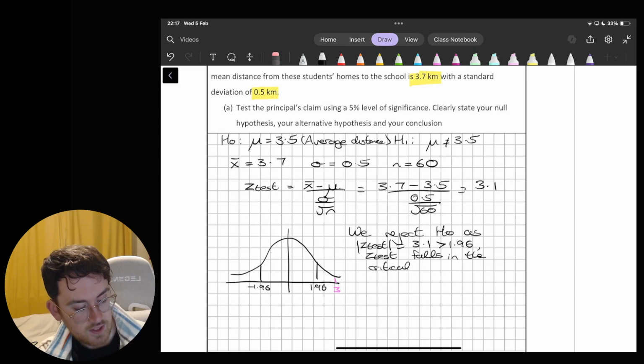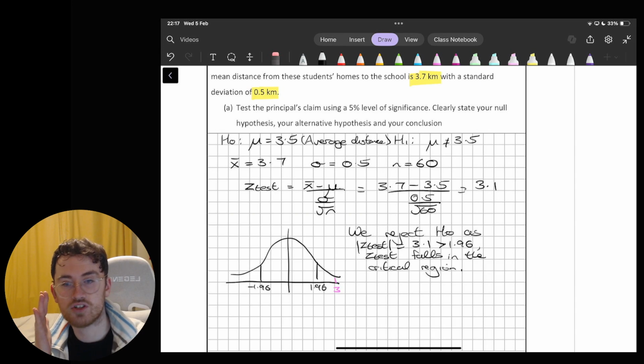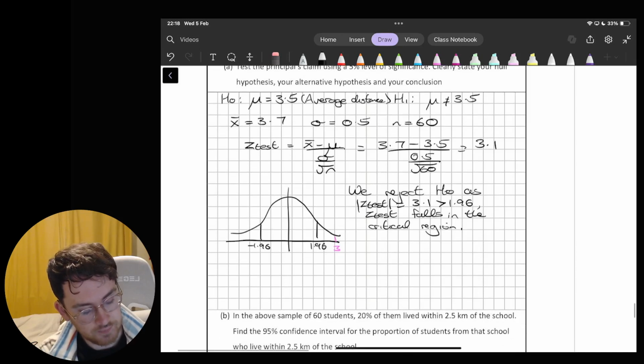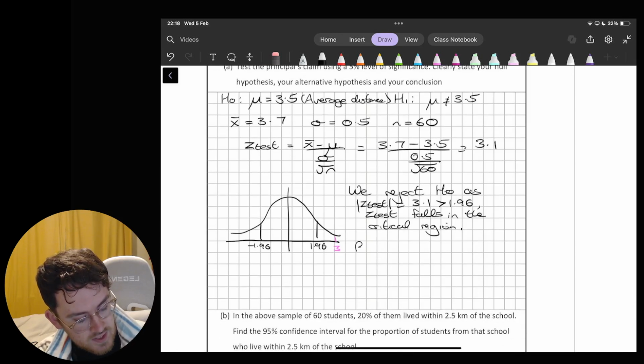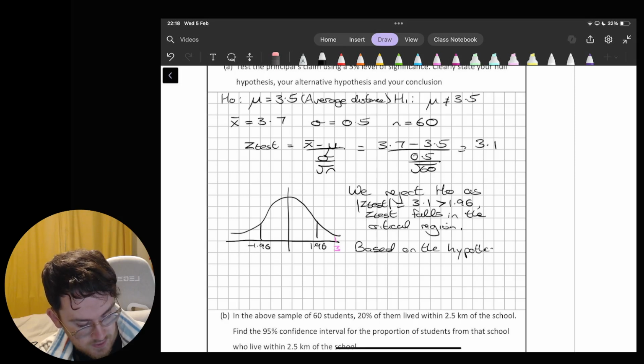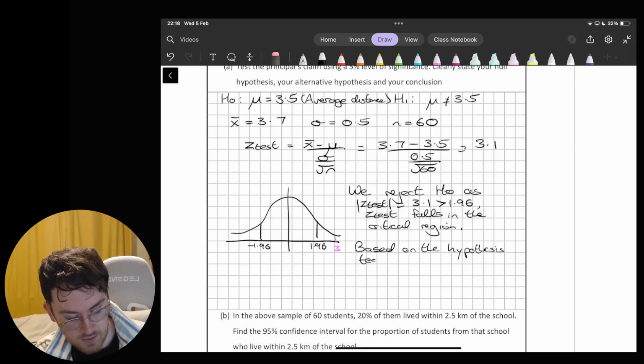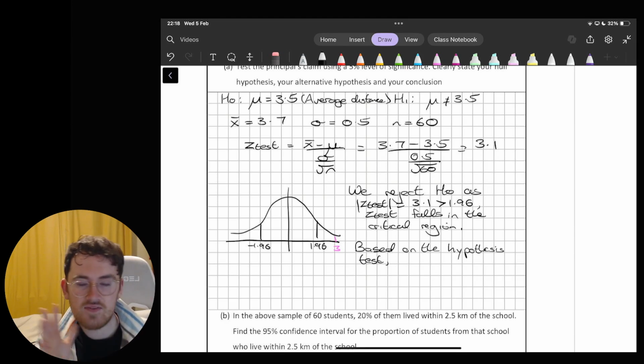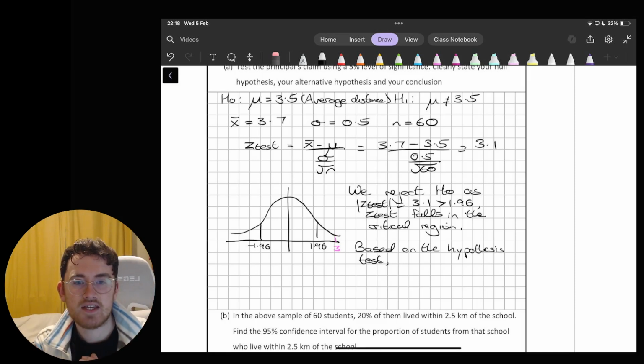Okay, thinking about interpreting there, we're basically saying this value is too out of the ordinary for us to ignore. It's too irregular for us to actually ignore here. So based on the hypothesis test, I'm writing the same thing all the time here because the easiest way to ensure I hit all the points is to always aim for the same things, but make sure you include the correct points here.